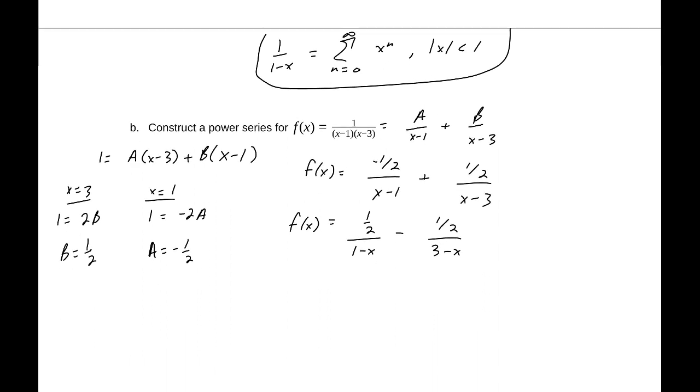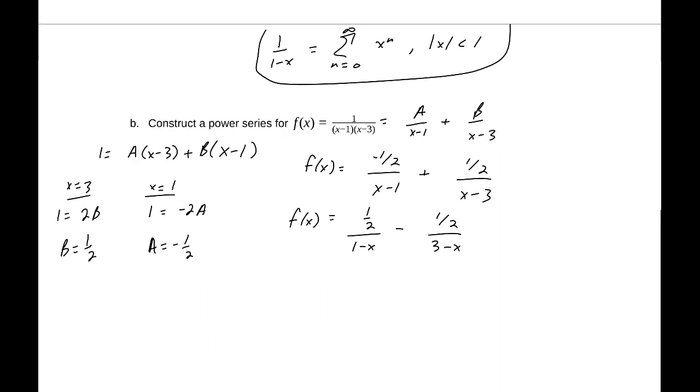Alright, now factoring out the 1/2, let me do that real quick. If I put this 1/2 and this 1/2 out here, let's factor this just a bit more. This will be 1/2 times the sum n equals 0 to infinity of x to the n minus 1/2, and I'm going to take out a 3 as well.